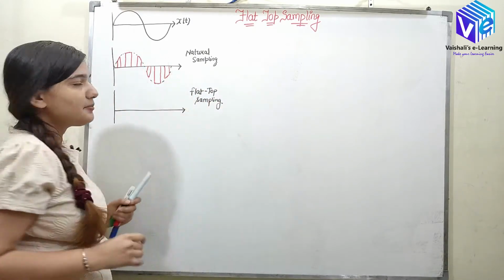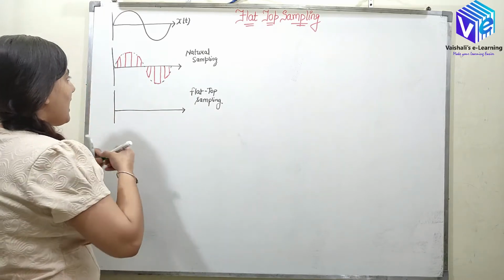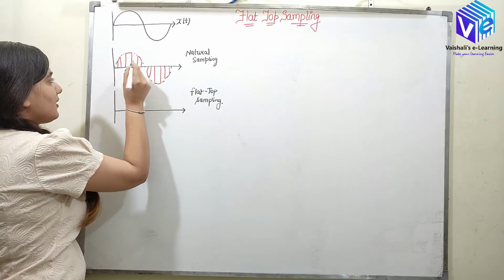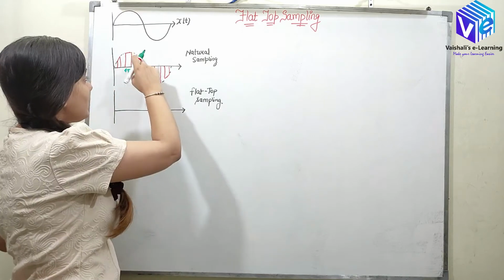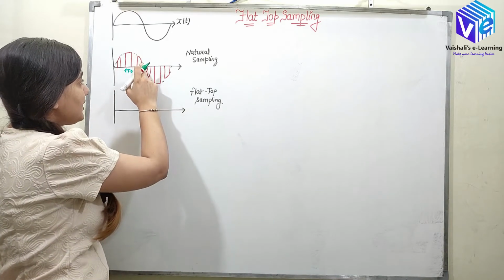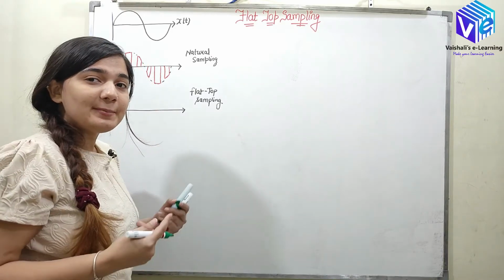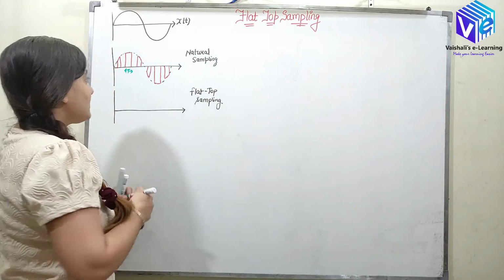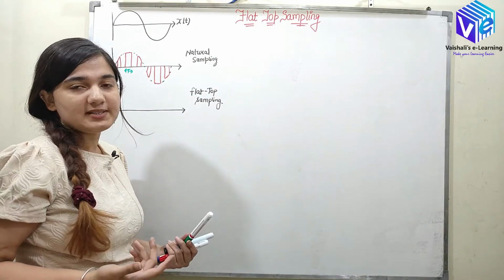This diagram represents the output of the natural sampling. Here I have pulses of duration t. Every pulse has the same duration, which is t. Now when I look at the amplitude, each pulse has a different amplitude, and it varies from the start of the pulse to the end of the pulse as well.